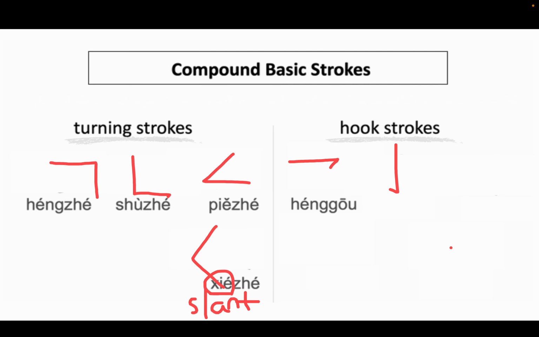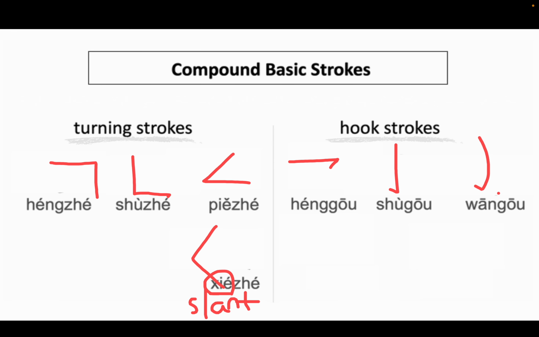You got it. 竖钩. The next one, can you write down 弯钩? 弯钩 is a curving line and then a hook, like that.